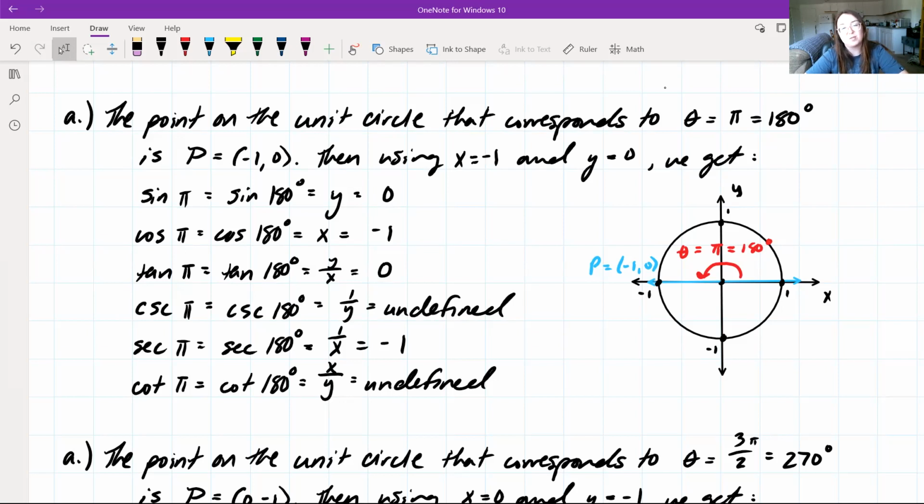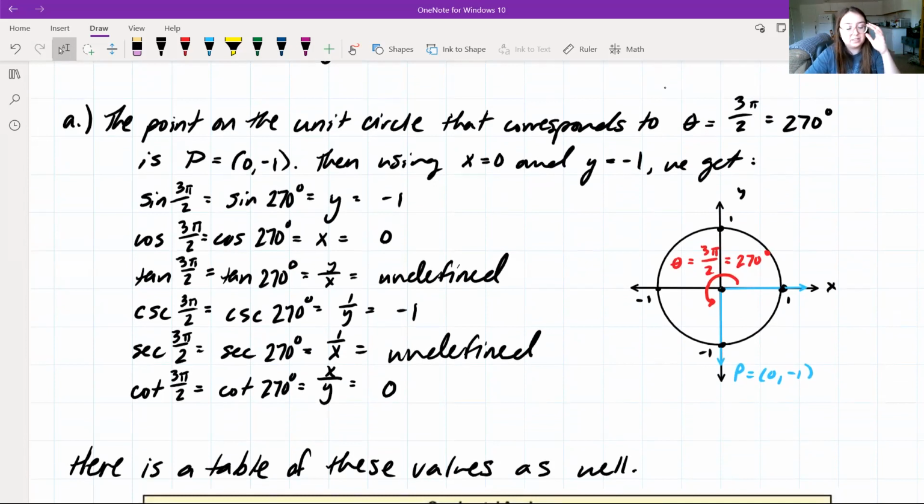So we have -1 divided by 0, which is going to be undefined. So in our representation, we see our initial side is lying on the positive x-axis, but now our terminal side is laying on the negative part of the x-axis. So it just looks like one very long line. So we know that this is a representation of 180 degrees, and we see our point there at -1, 0.